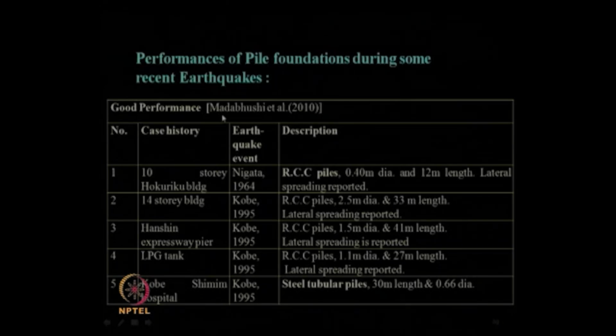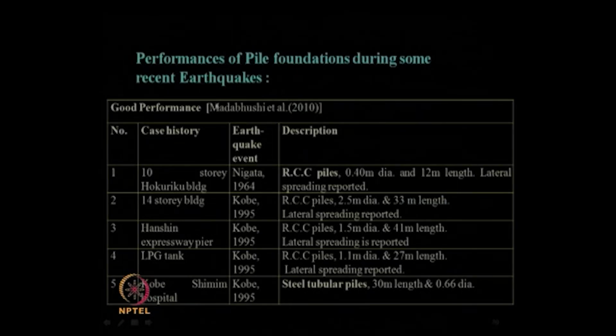So, there is a paper by Madabushi et al. in 2010. This paper discusses the performances of pile foundations during various recent earthquakes, that is before 2010, like in which cases piles performed very well. So, good performance and bad performance. These are the various case histories during the Niigata earthquake. Some of the piles performed well.